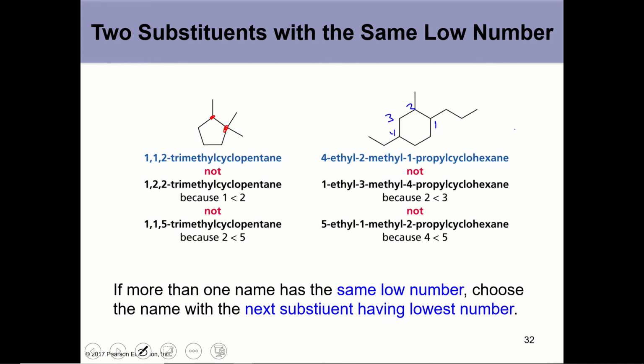When we have two substituents with the same lowest number, we want to make sure we have the lowest number overall for all substituents.